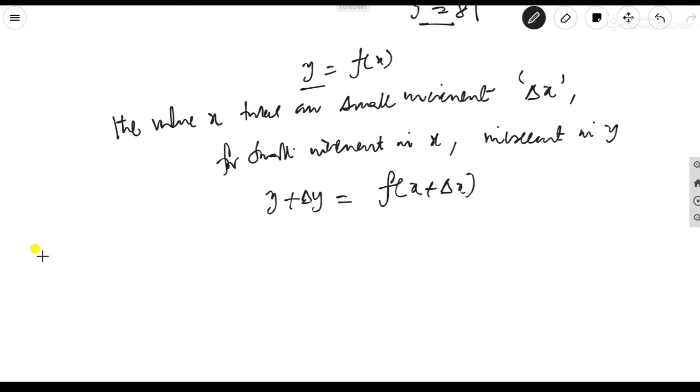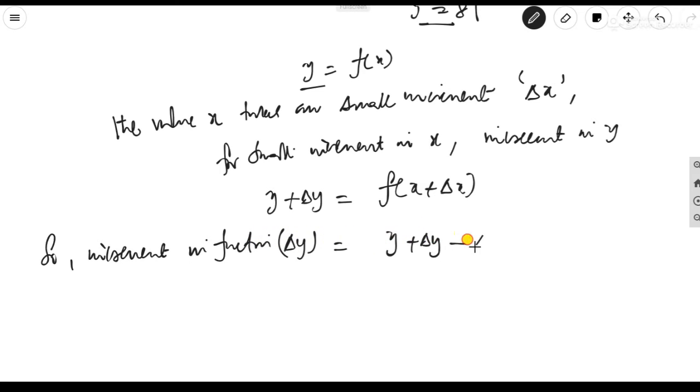So suppose you want to know what the increment in the function is. Definitely it is delta y. This is a change, right? How will we write it? This is delta y equals the new y minus y. So this is equal to f of x plus delta x, minus f of x.